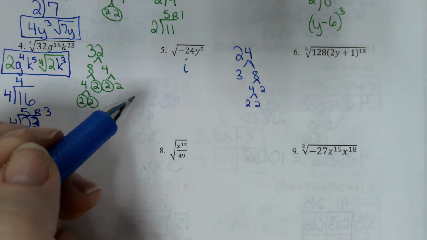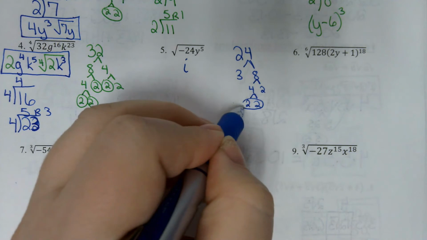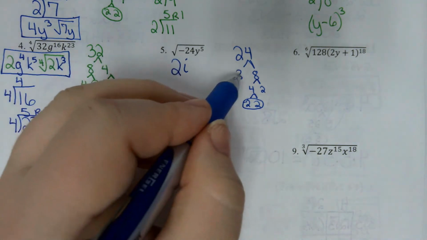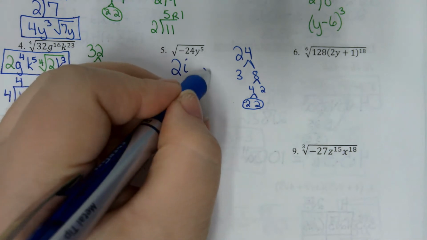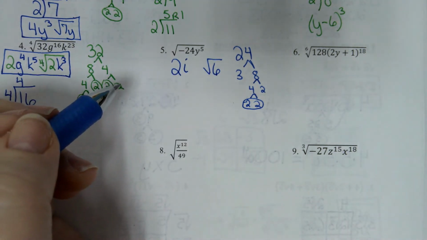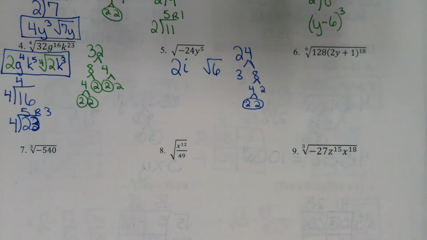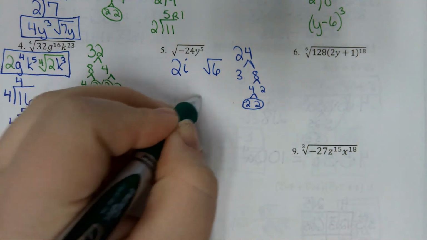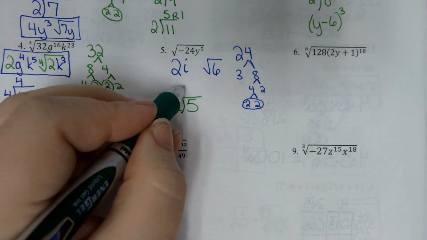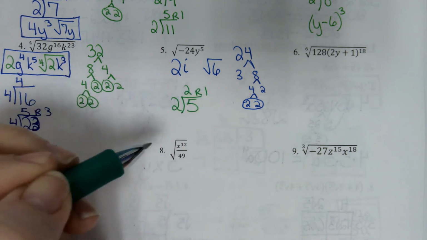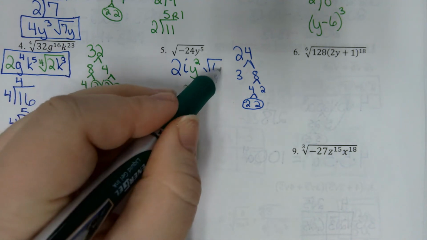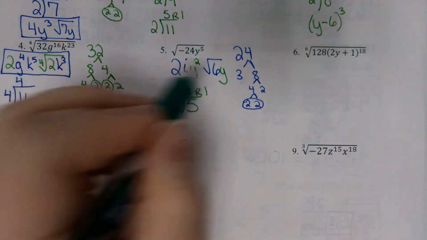It's a square root, so I need 2 of the same number to come out and join the i. 3 and 2 will remain inside and be multiplied, so they'll become 6. Now for the y, we have an exponent of 5 and an index of 2. 2 goes into 5 twice with 1 remaining. So y squared will come out and 1 y will remain.